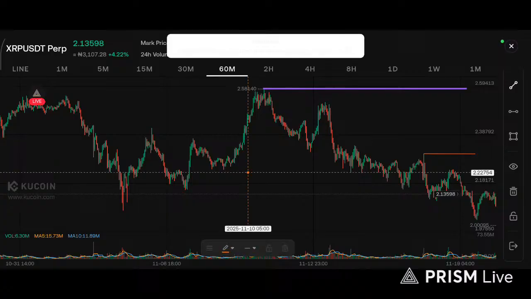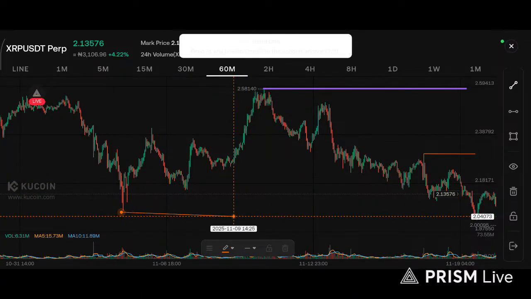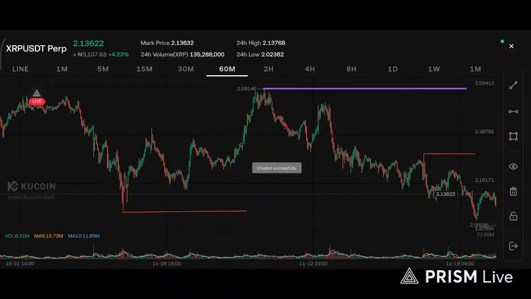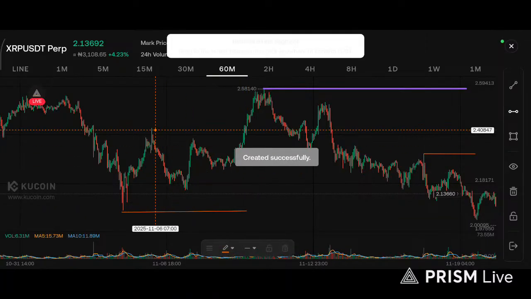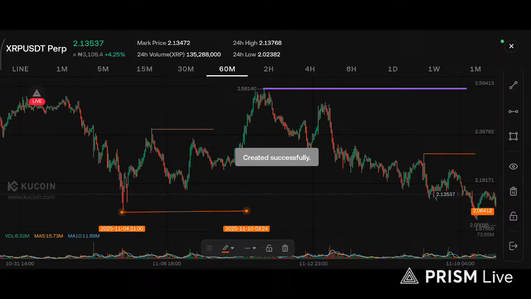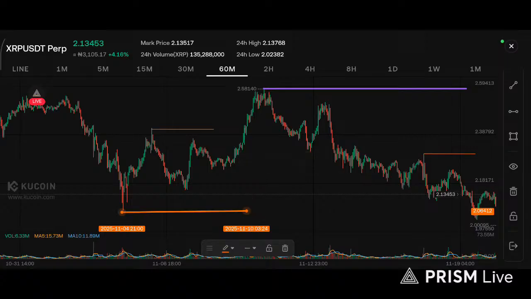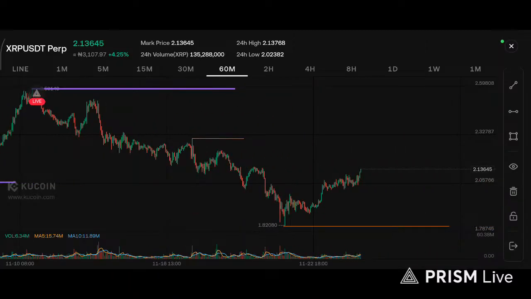This is also an external liquidity, but it was broken up by this liquidity sweep. This is what we call internal liquidity, right? I hope you are getting what I'm saying, ST. This is internal liquidity, this is external liquidity, which was later swept by this swing low.